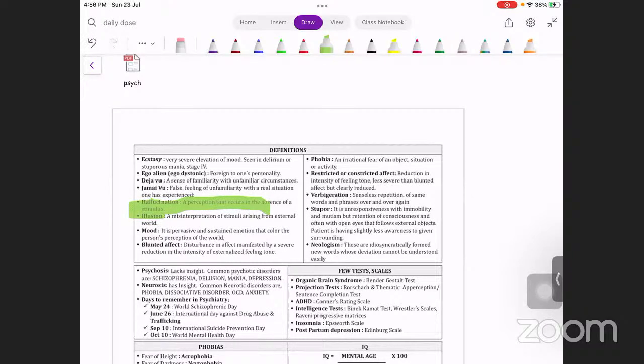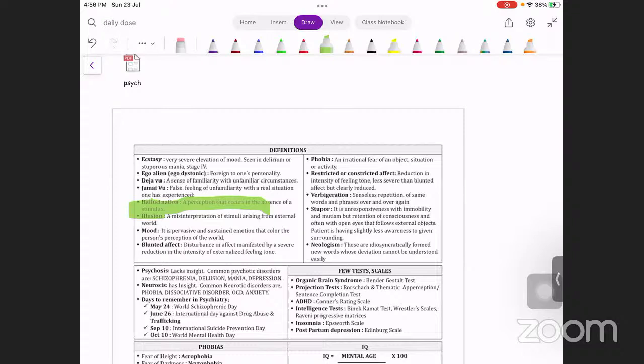For example, a person talking to you who is not there is a hallucination, while mistaking an object standing there for a person who is talking to you is an illusion. Perception in the absence of a stimulus is hallucination; misinterpretation of a stimulus is illusion.